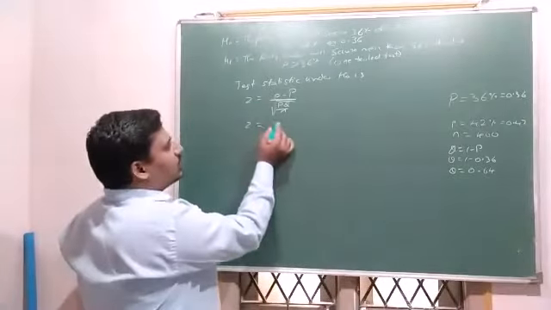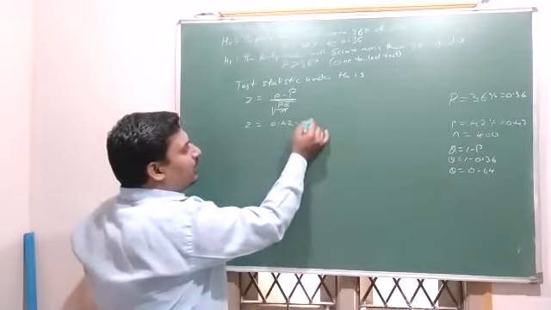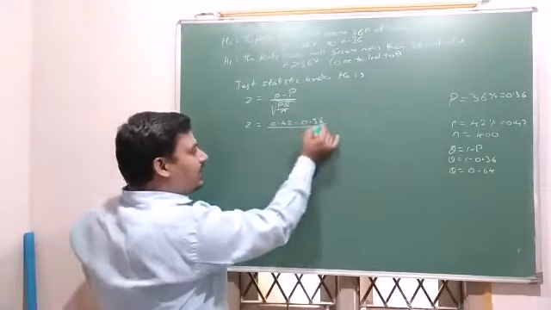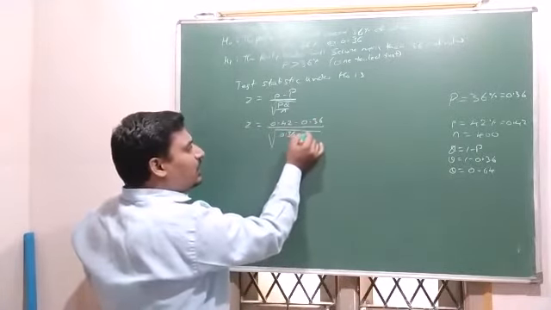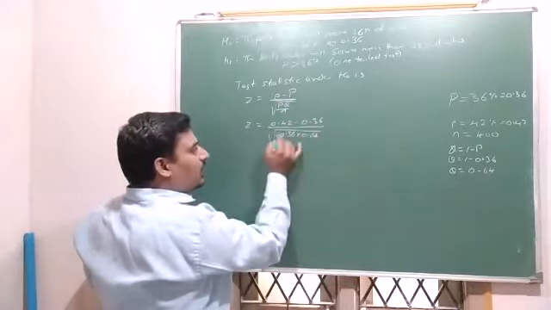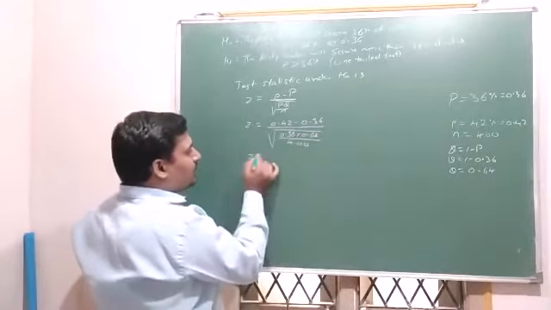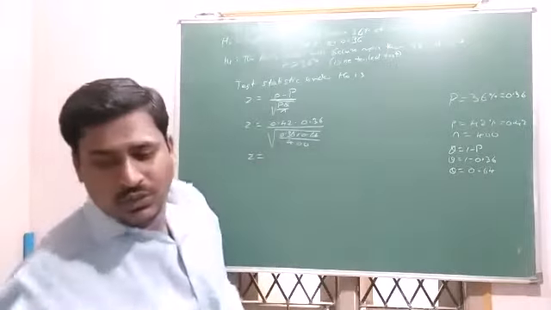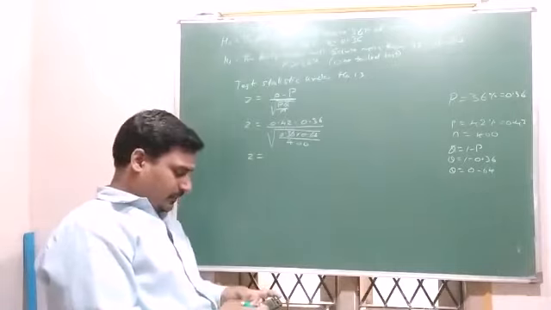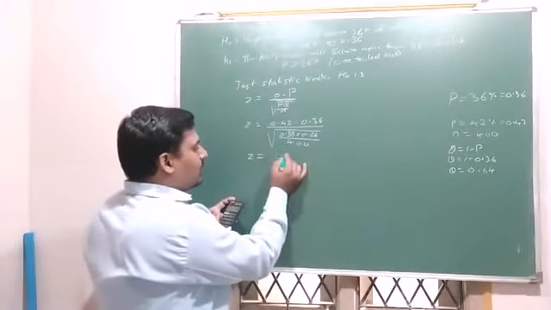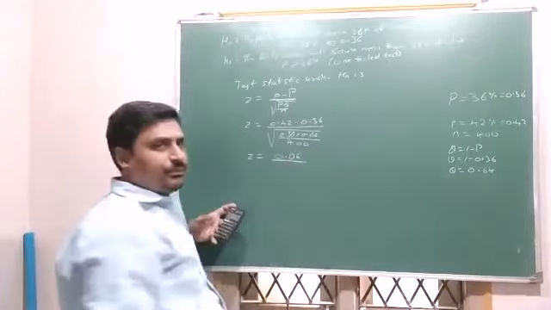So Z is equal to 0.42 minus 0.36 divided by root of 0.36 into 0.64 divided by n, which is 400. So 0.42 minus 0.36 is equal to 0.06, a positive number.